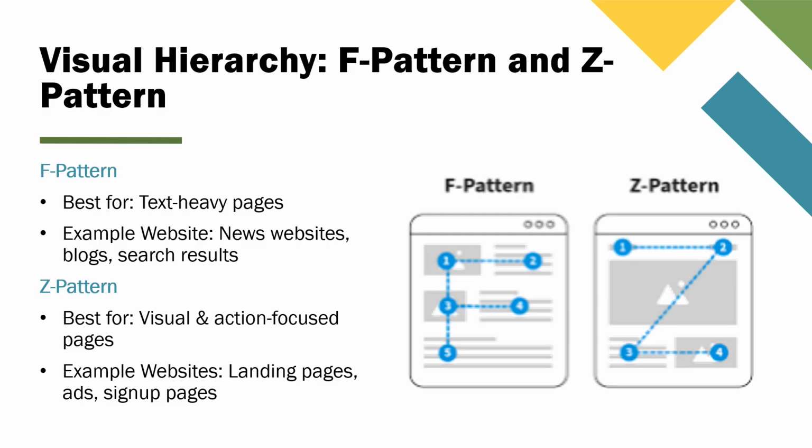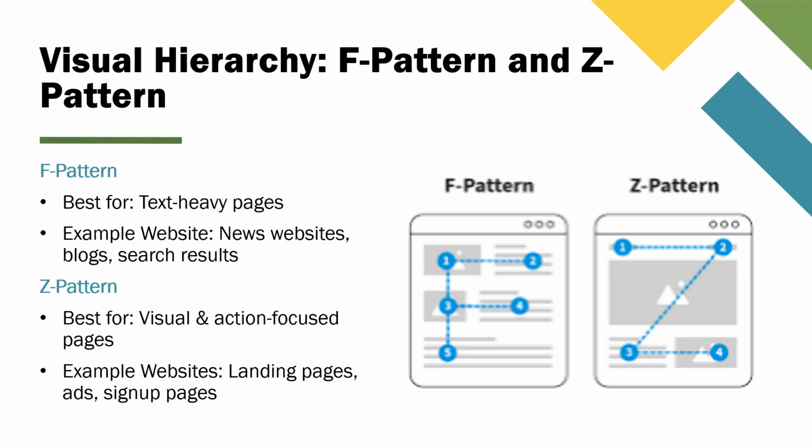So first they scan horizontally across the top, where the logo and the main menus are. Then next their eyes move diagonally down the center of the page, often towards whatever the large image or the heading is. And then finally they move horizontally across the bottom, usually landing on maybe a call to action button like a sign up or learn more.